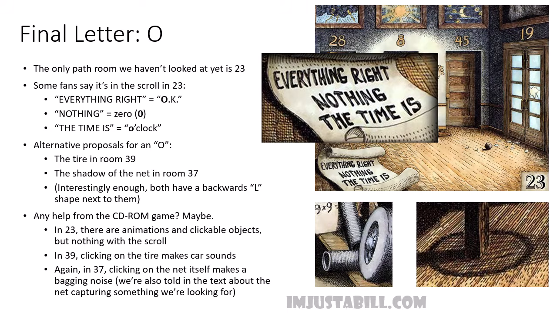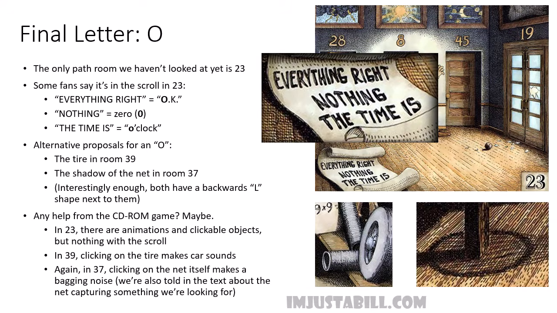Now, the only path room we have not looked at yet is room 23. Some fans say that the letter O is embedded in the scroll that you see on the bottom left of 23, and that this is what the scroll means. So if you read each line, everything right, nothing, the time is. Everything right.